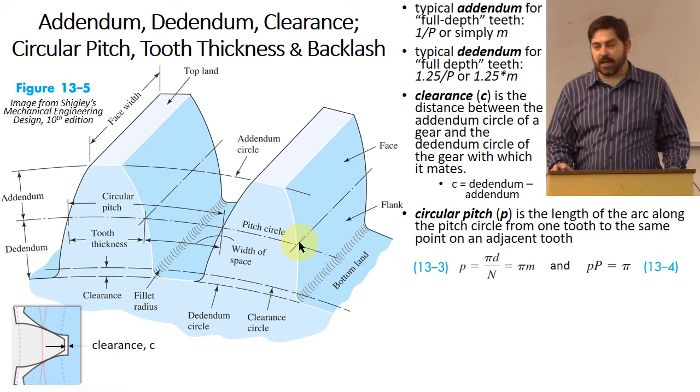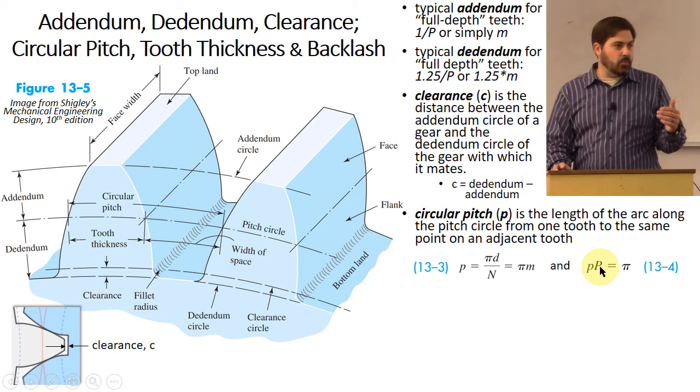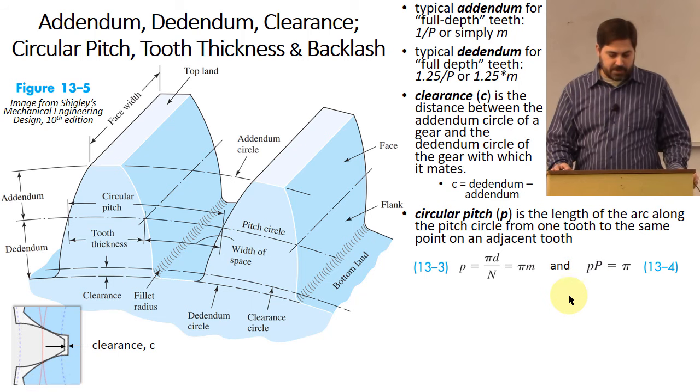So if you're trying to calculate circular pitch, there's some formulas to do this that I list right here. I won't get into them, but you can probably look at them and see where they come from without too much difficulty, if that's a parameter that you want.